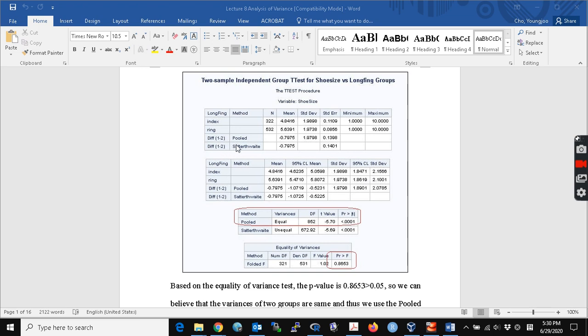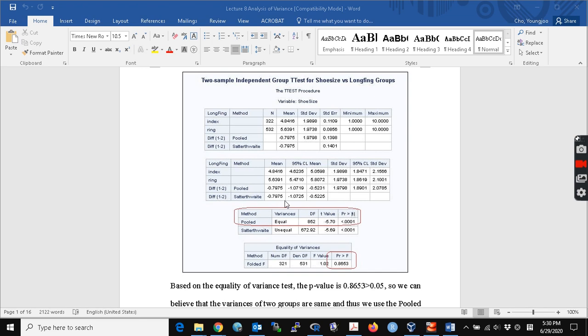And then we have the difference based on the pooled method and the Satterthwaite method. In the pooled method, we consider that their population variances are equal. The Satterthwaite method considers that their population variances are different.